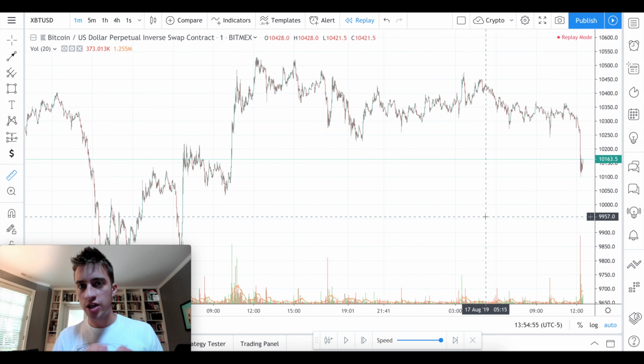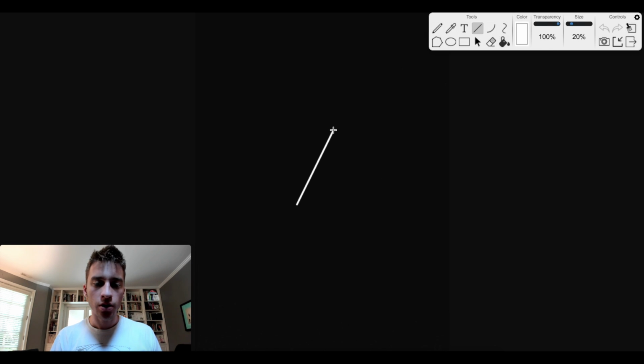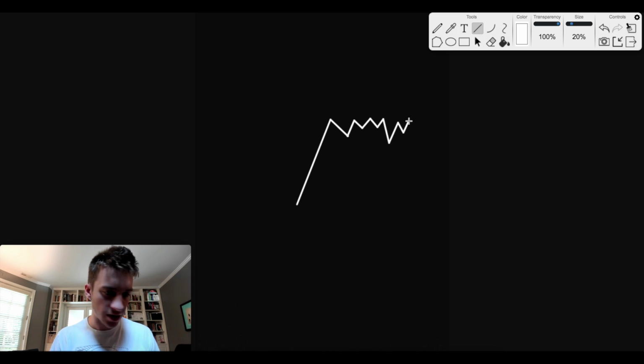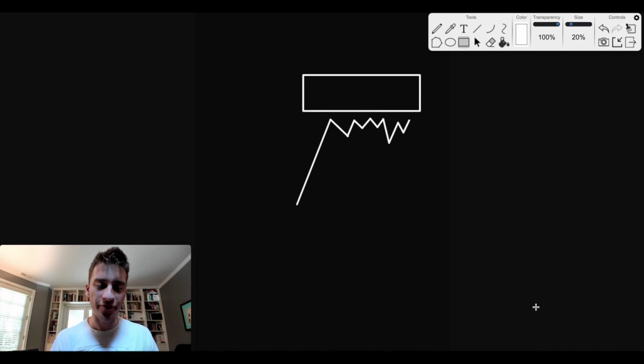And you can use this strategy in a trend or in consolidation, because you could get a situation like this, where price is trending, and then price begins to do this, and there's just so much pressure being applied to those highs. You know for a fact that there are just so many stop losses above there.